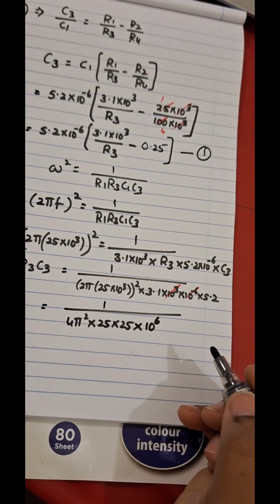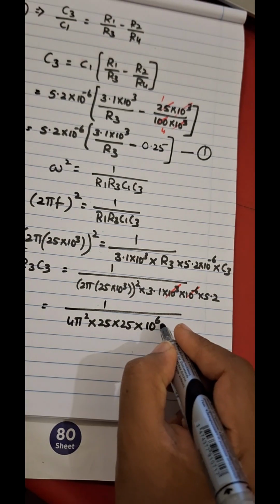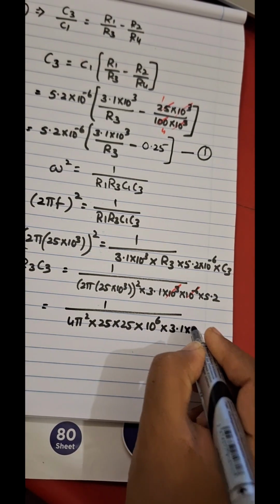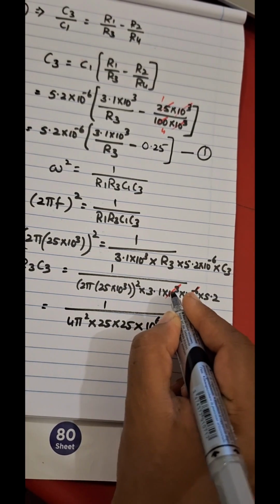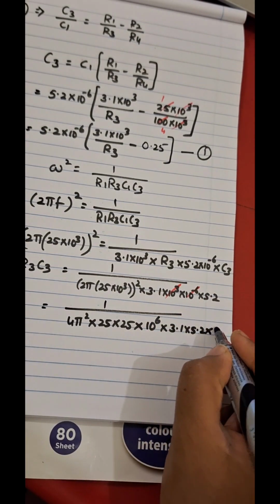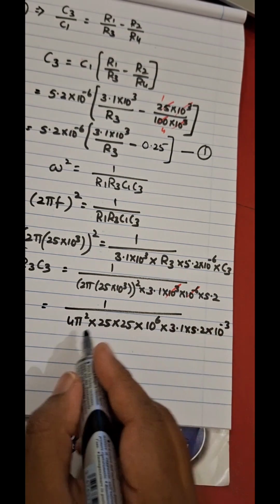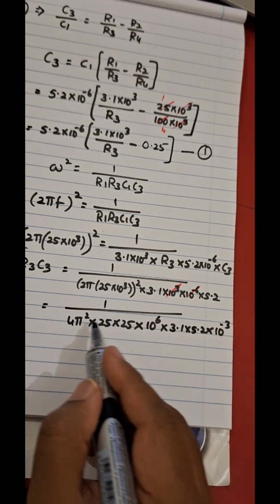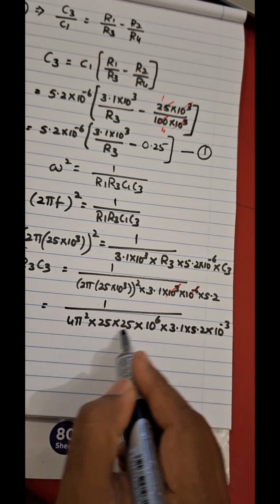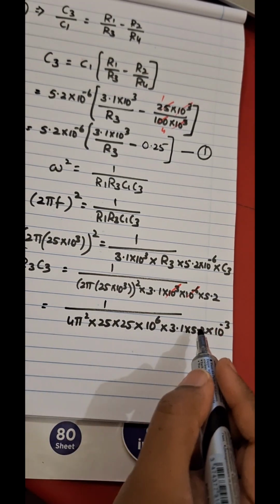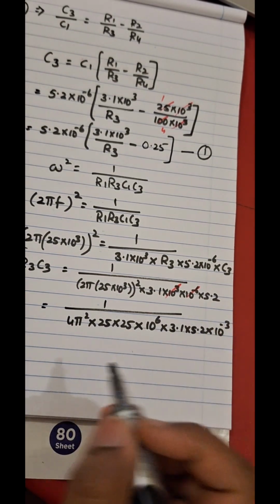So 10 power 6 into 3.1 into 5.2 into here 10 power 3 minus 10 power 6 is giving you 10 power minus 3. So 10 power 6 minus 10 power minus 3 will give you 10 cube, right? So just multiply this answer and this answer in your calculator and then give 10 cube.